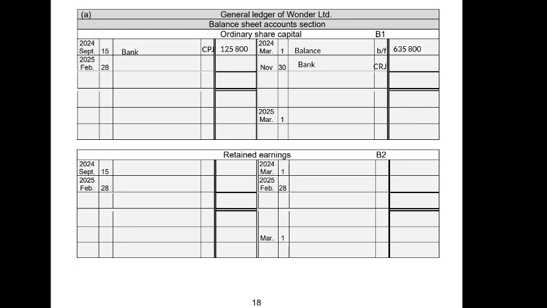And the amount will be 200,000 times R4.50, which is 900,000 Rand. This then gives us a main total of 1,535,800.